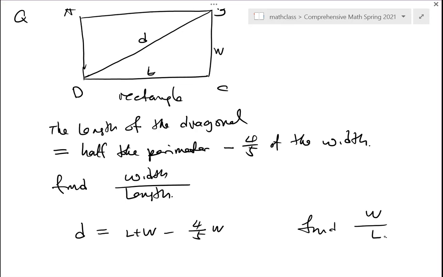The length of the diagonal equals L plus W, so if you double the length and double the width, you double the diagonal. So you cannot get a specific value for W. However, the ratio probably can be determined.